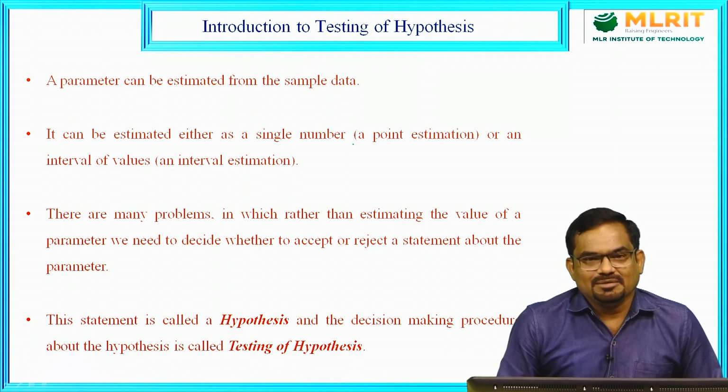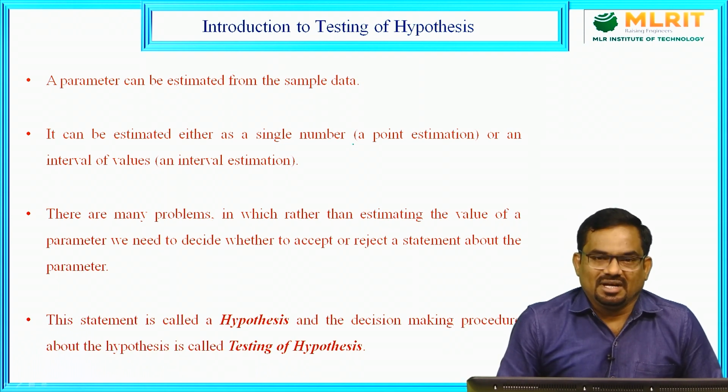Since it is impracticable and uneconomical to study the entire population, we consider a non-empty subset of population and we study that set, and this set is called a sample.